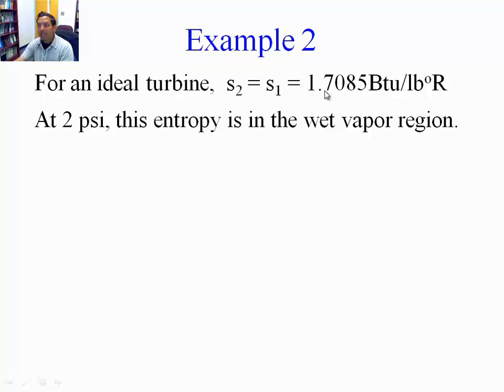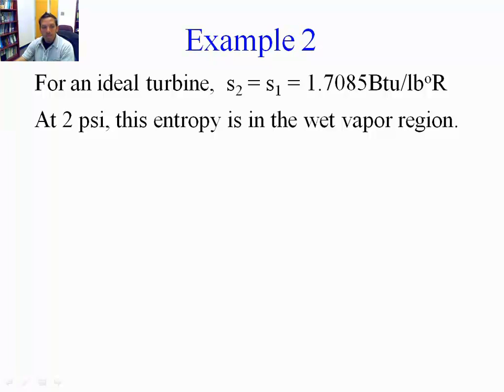We'll notice that the entropy of state 2 is within those two values. Being within those two values means that state 2 would actually go into saturation. It went inside the saturation dome.